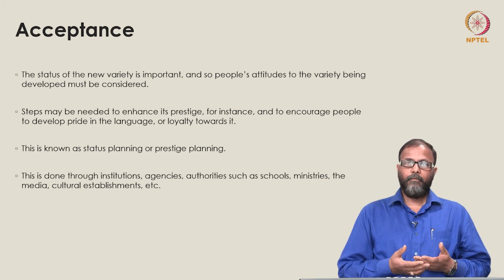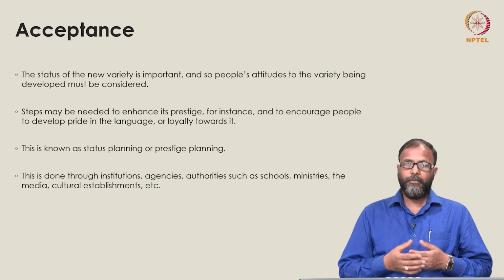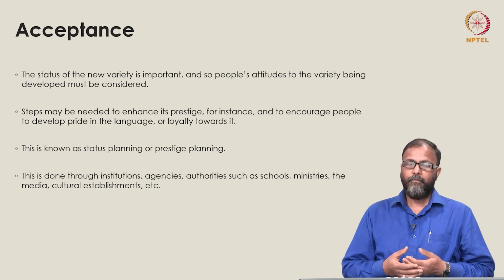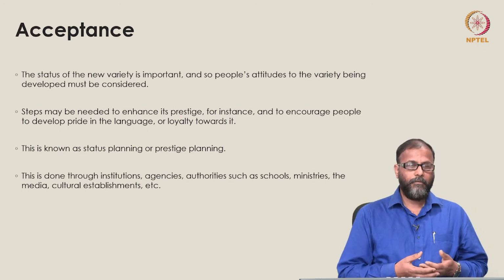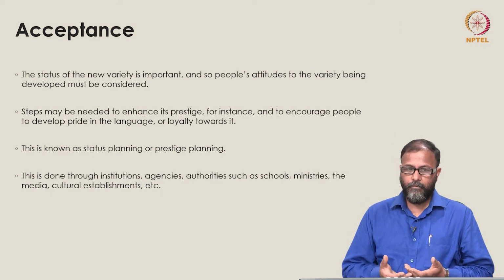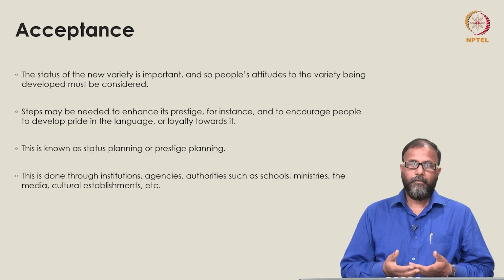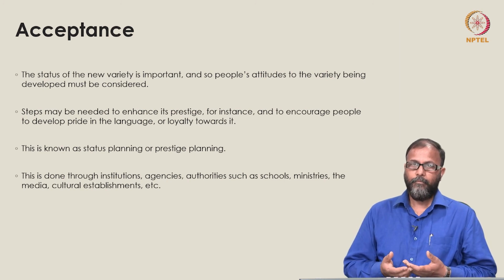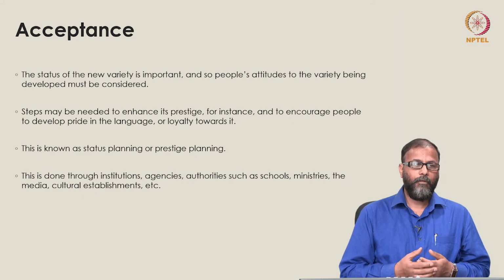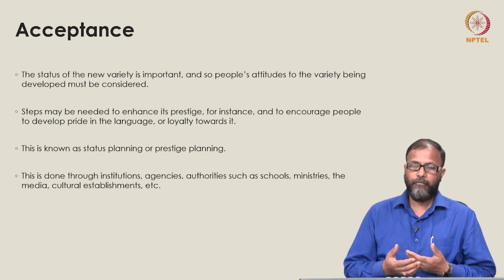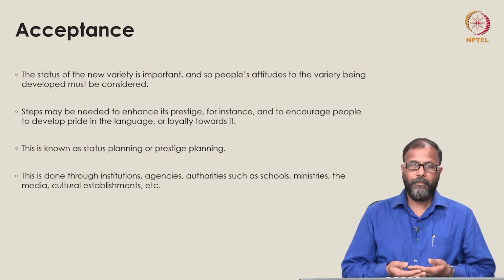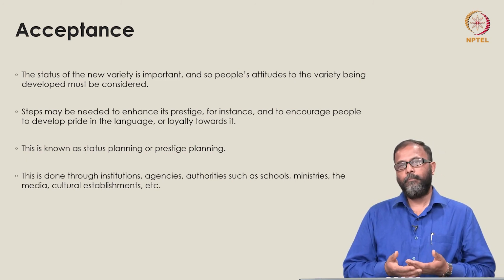Some agencies are created by the government, then the media, the establishment, the cultural agents, and other opinion makers extend support in promoting this variety and also help perceive an added prestige to it, and gradually it is accepted by people as the standard variety.